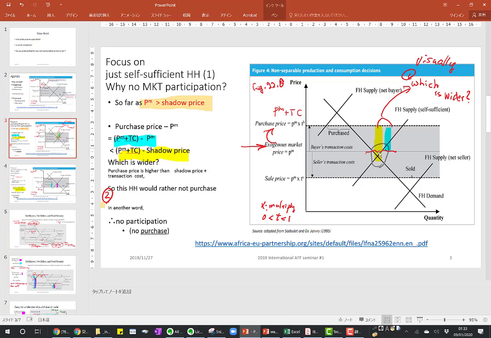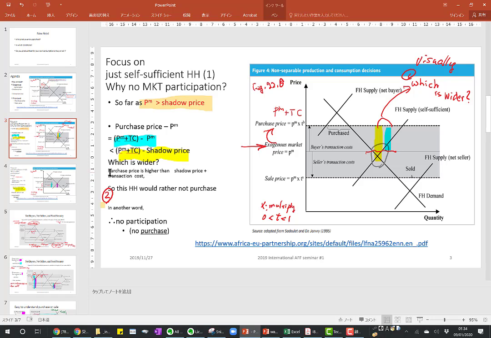Then we can see this one colored by yellow. Obviously, the yellow one is wider than light blue.